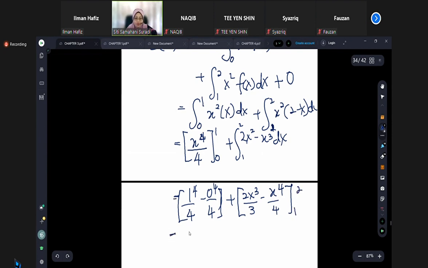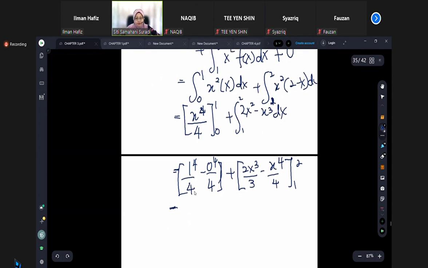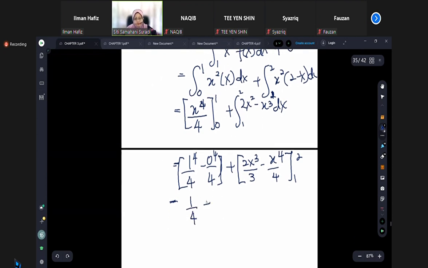So substitute, solve this, calculate for me. This one is 1 over 4 plus 2 times 2 to the power of 3 divided by 3 minus 2 to the power of 4 divided by 4. Very long, be careful, okay? This is a minus, bracket, 2 times 1 to the power of 3 divided by 3. This one I cannot put in bracket. It's not in bracket.